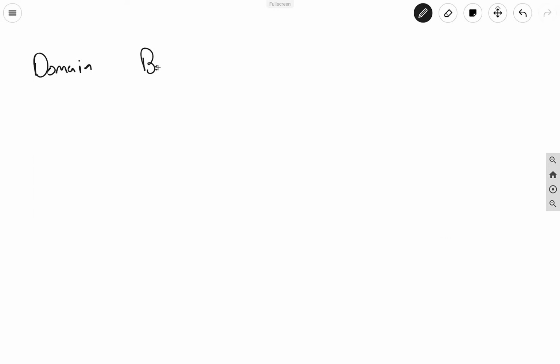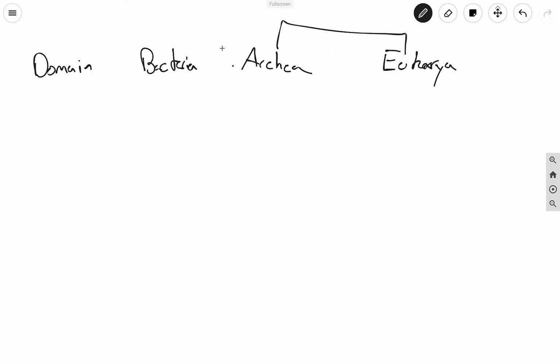So we have bacteria, archaea, and eukarya. And you may be interested to know that archaea and eukarya are considered more closely related to each other than they are to bacteria. So this is what the tree would look like.